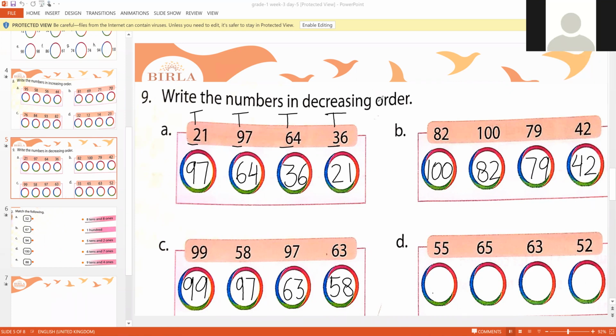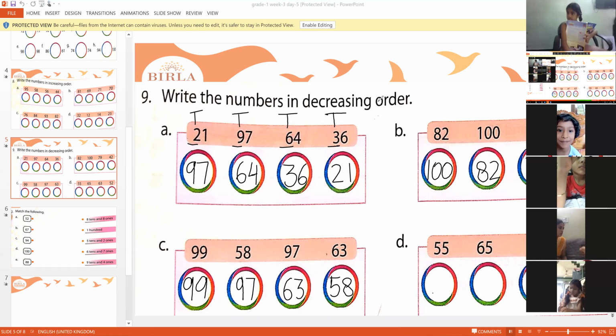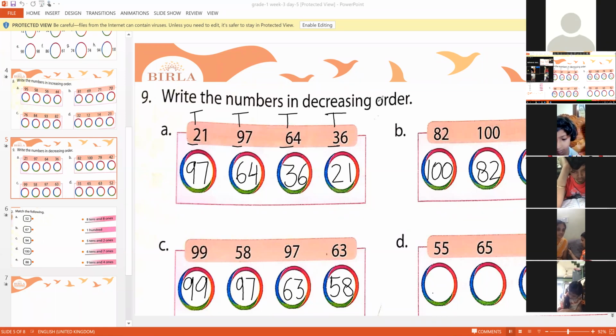I am Ketan, ma'am. Ketan, now you are unmuting yourself. Okay. Wait, Ketan, I'll come back to you first. Now let Asra answer and then I'll come back to you. Within 5 minutes, I'll come back to you, Ketan. Okay, ma'am. Thank you.